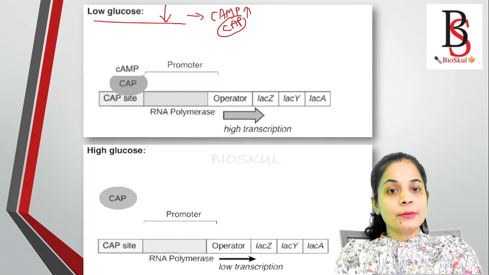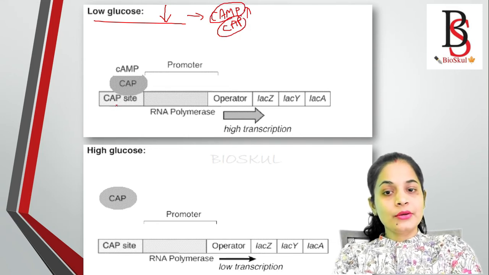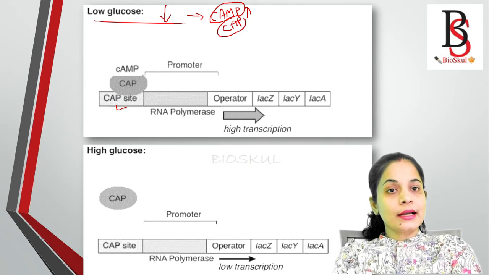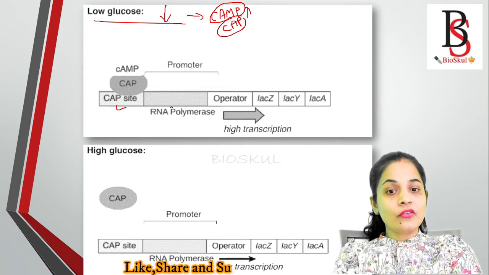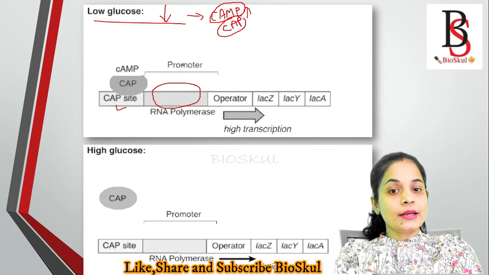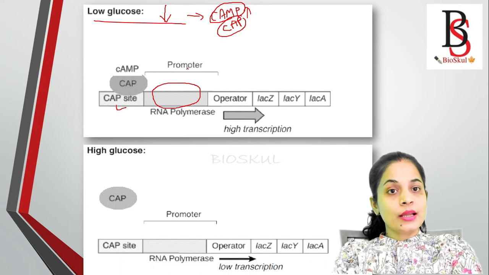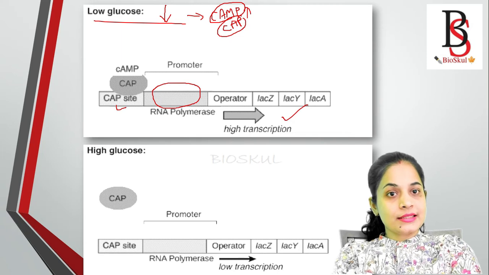When the CAP binds to the cyclic AMP, together they will bind to the CAP site. When it binds to the CAP site, it will enhance the binding of RNA polymerase to the promoter region. The RNA polymerase will bind to the promoter efficiently, so that results in a high rate of transcription.